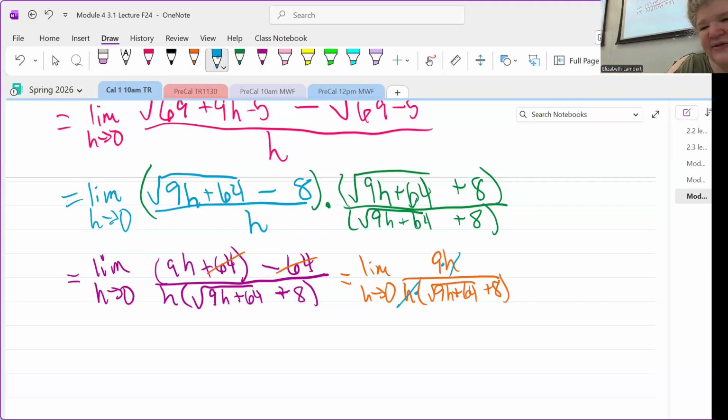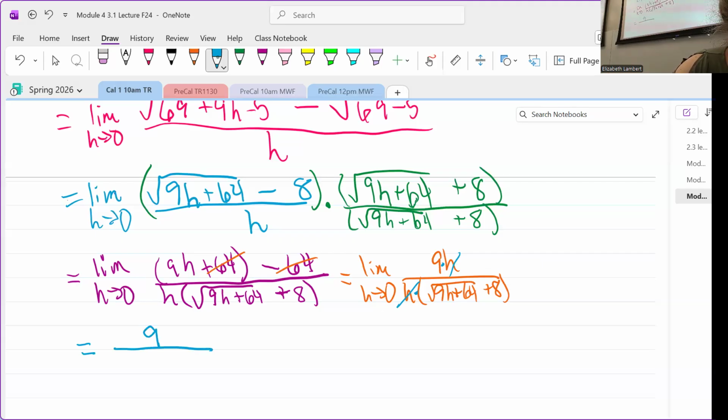Now that I've canceled out that h on the bottom, now when I plug in 0 for h, I'm not going to get an indeterminate form. I'm not going to get 0 over 0. Now I'm going to get a number. So I will have just the 9 on top.